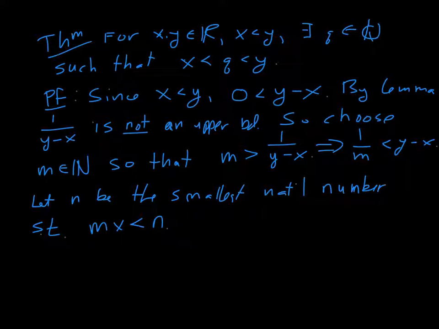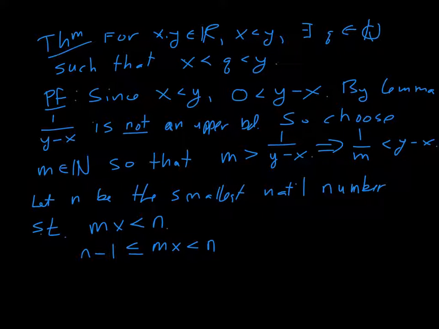Because the natural numbers aren't bounded, I can always find an n that is bigger than m times x, so I'm going to choose the smallest one that satisfies that. But that's going to mean that n minus 1 is less than or equal to mx.